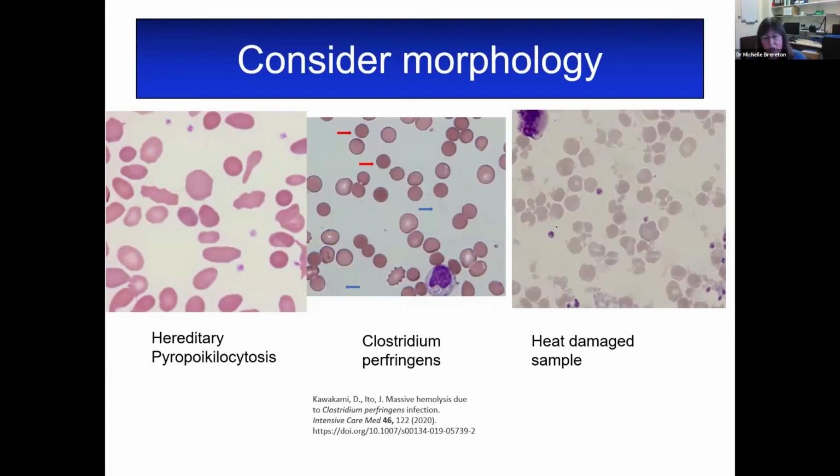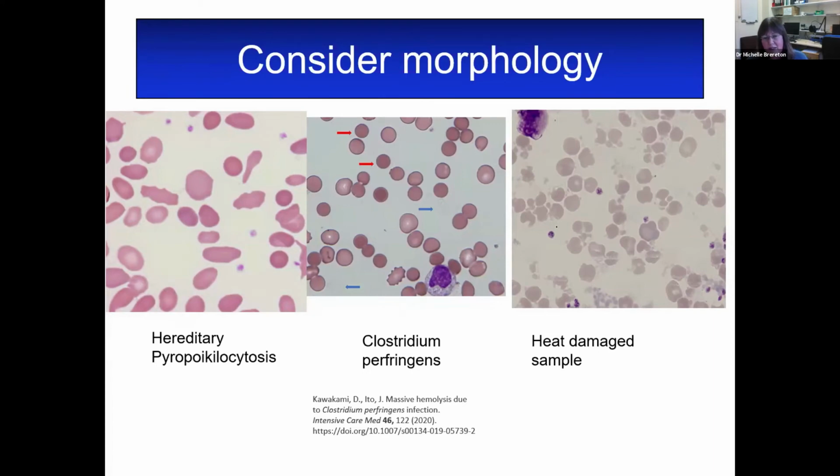So I've just shown a hereditary pyropoikilocytosis, which is unlikely to be in this case because it's the sort of thing that you're going to find in a neonate. But these are disorders associated with a mutation or lack of a gene for spectrin. And as I say, you come across these in neonates where you see wildly abnormal, different shaped cells, and they would include the microspherocytes as well.